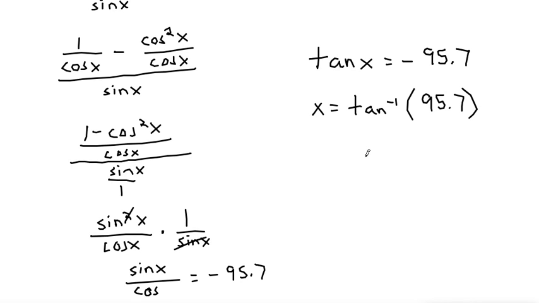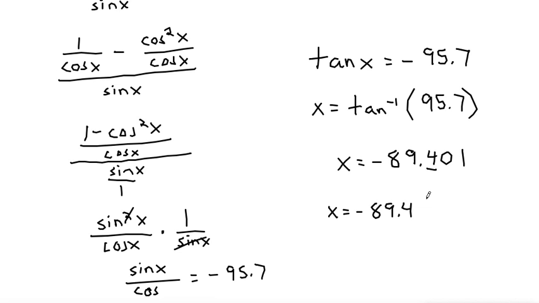On my calculator, I get x equal to negative 89.401. It says to round to 1 decimal place, so the 4 stays the same and it will be negative 89.4.